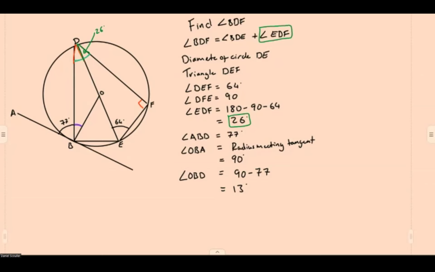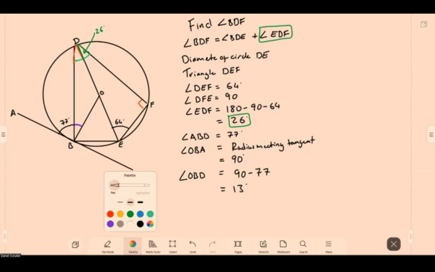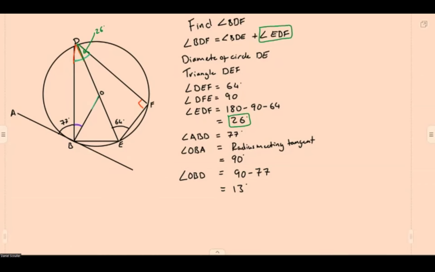Now, looking back from my origin, one more triangle of interest, which is O to B and O to D, and the chord that connects them.